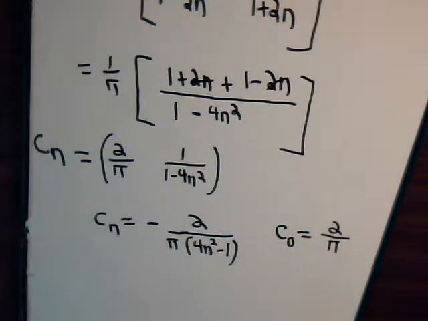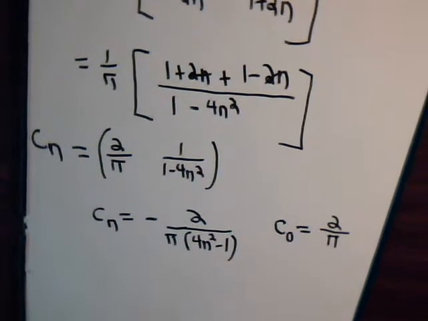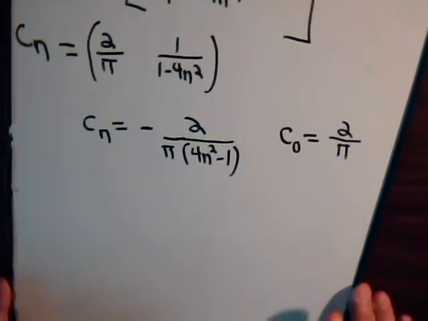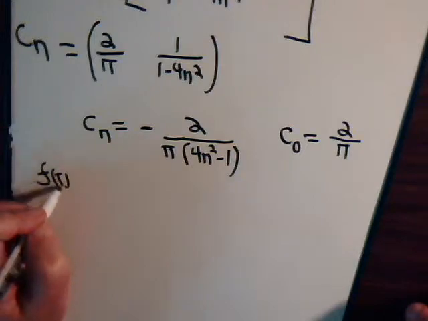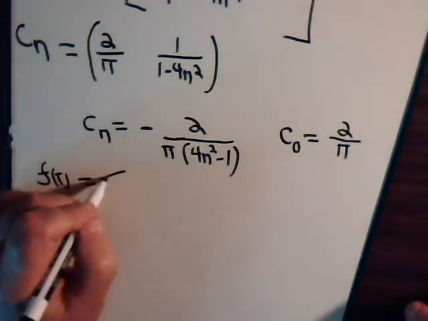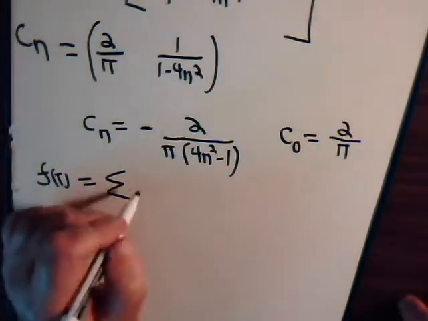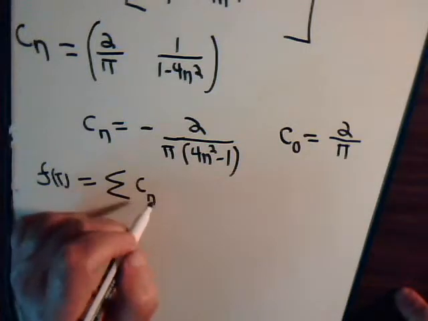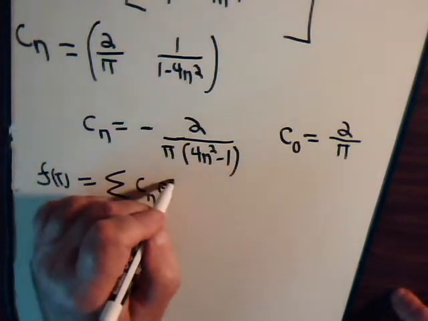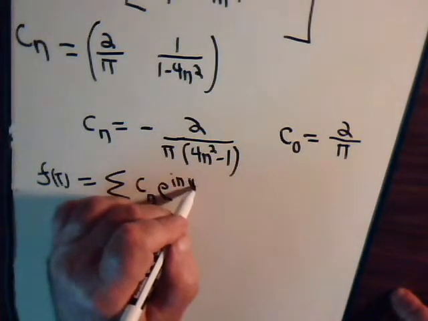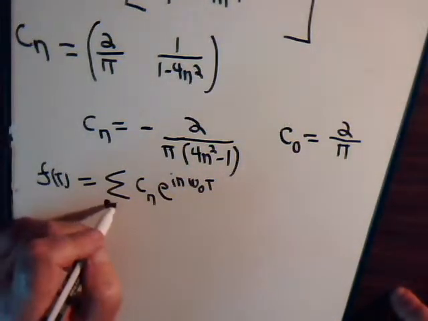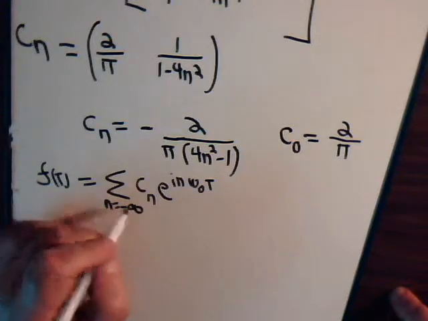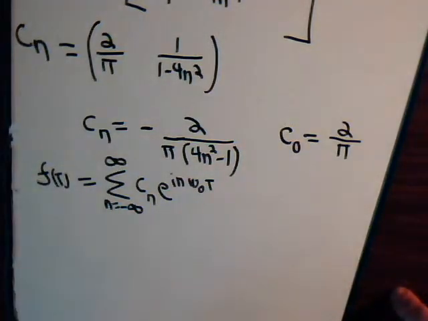Okay, and then for the complex form of the Fourier expansion, we have f of t equals this summation and n goes from minus infinity to plus infinity.